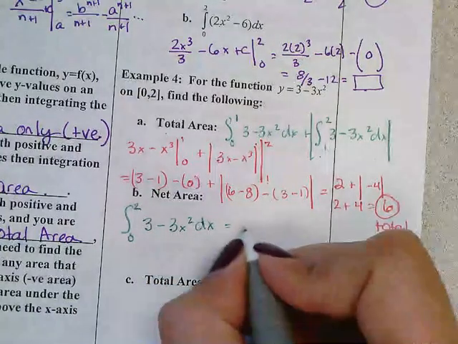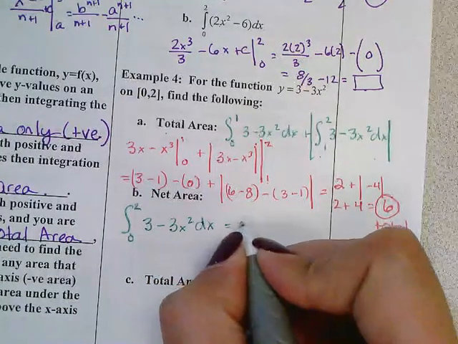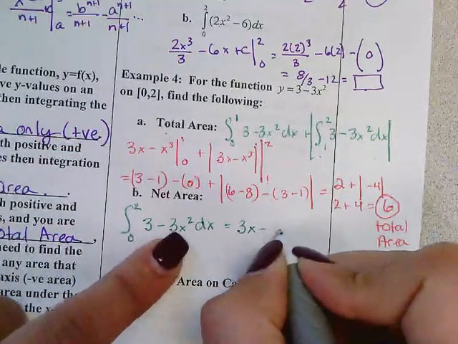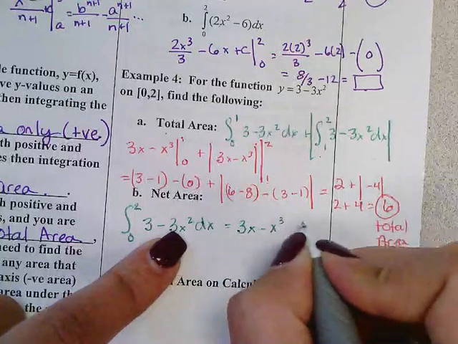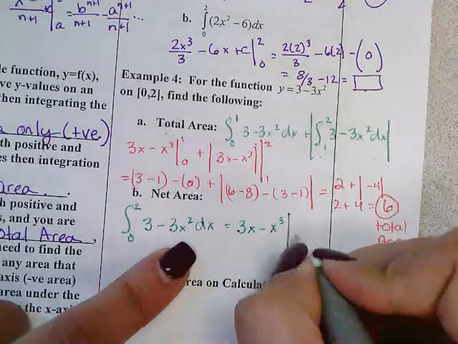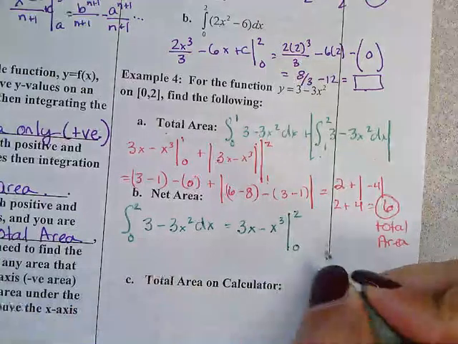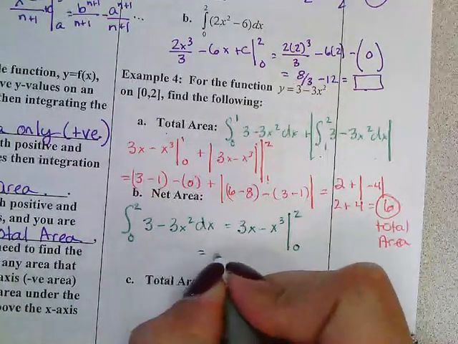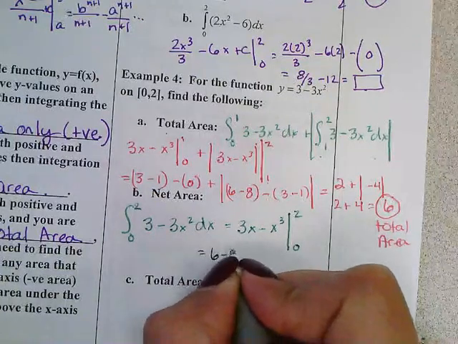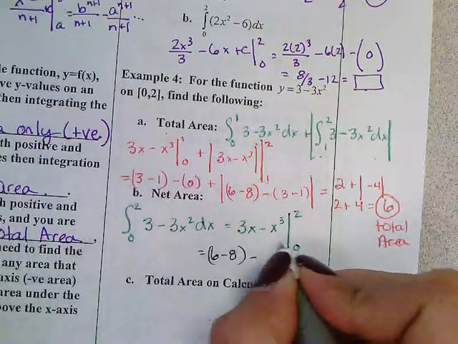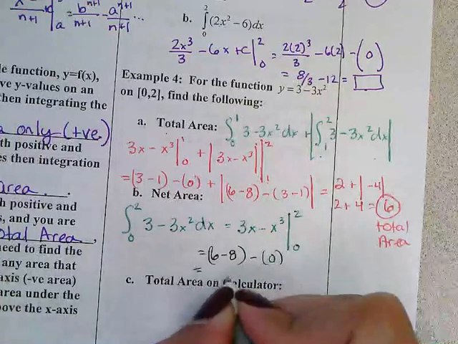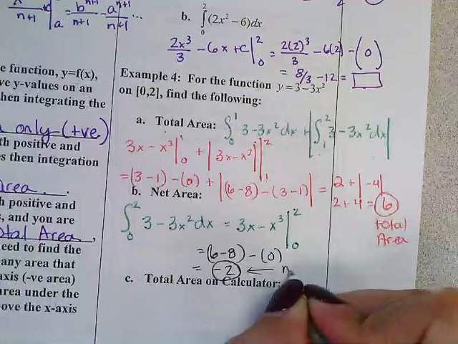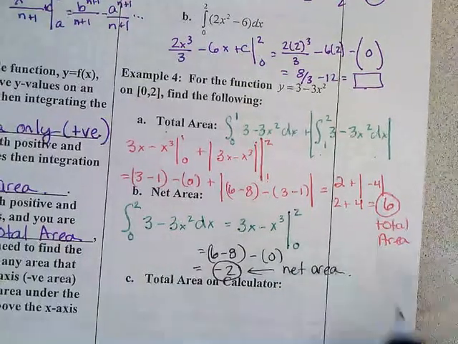So when we integrate this, it's going to be 3x minus 3x cubed divided by 3, which ends up giving us x cubed. I'm going to ignore the plus c for now because it's defined, from 2 to 0. So now when we solve this, we're going to get 6 minus 8 minus, plug in 0, so we get negative 2. That is called the net area.